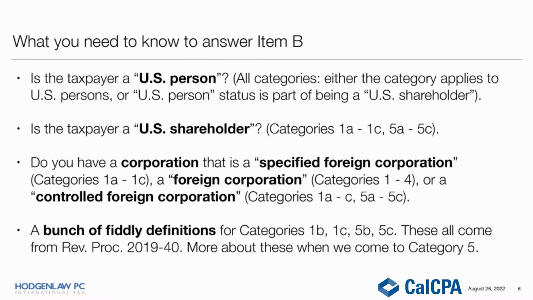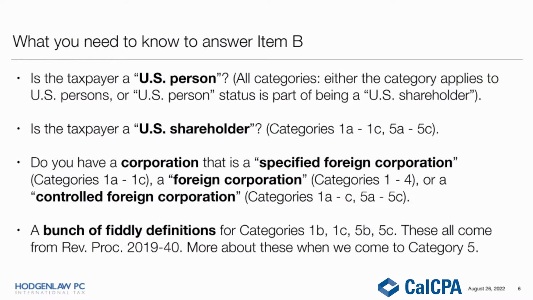So the whole game of item B, what filing category is, you're going to have to know in a really intimate sense these definitions for subpart F purposes. Subpart F in the code meaning sections 951 through 965, and that includes subpart F income. It also includes our dear friend global intangible low taxed income, which is section 951A.